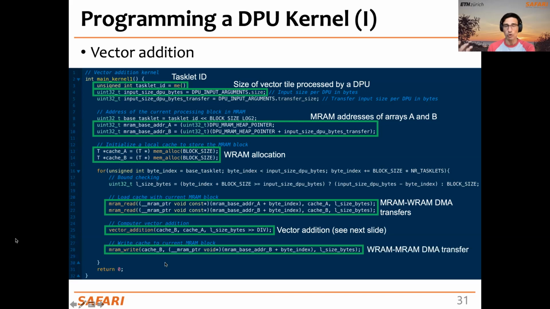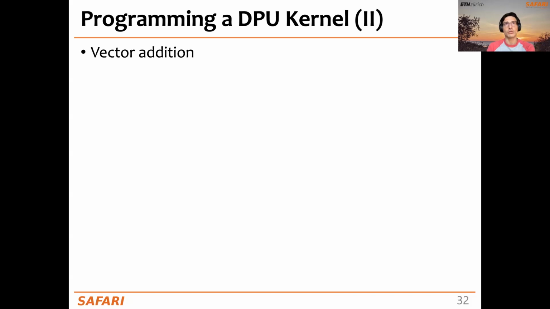And finally, after obtaining the result, we will transfer the result from the WRAM to the NRAM, in this case, using a WRAM to NRAM DMA transfer that is this NRAM write. Observe as well that in this case, the output contents are in cache B because we are reusing cache B to store also the result of the vector addition.